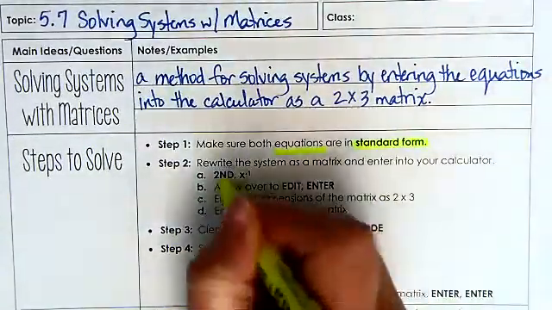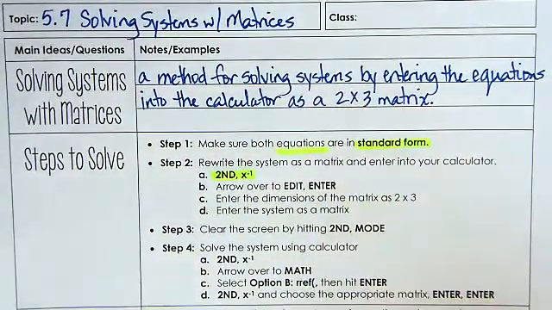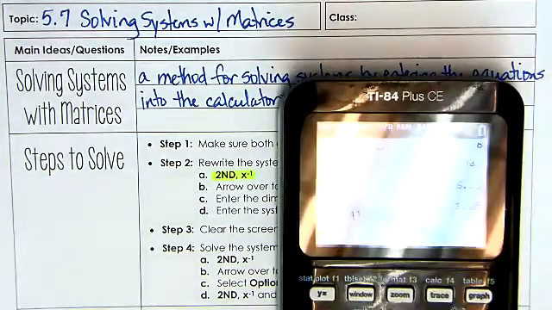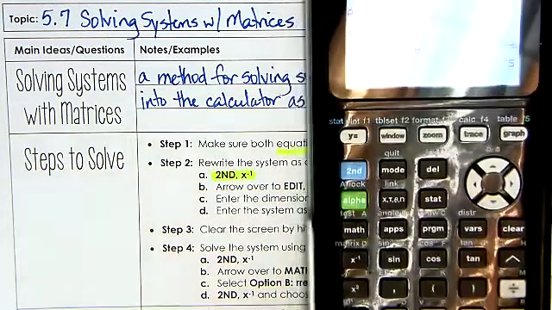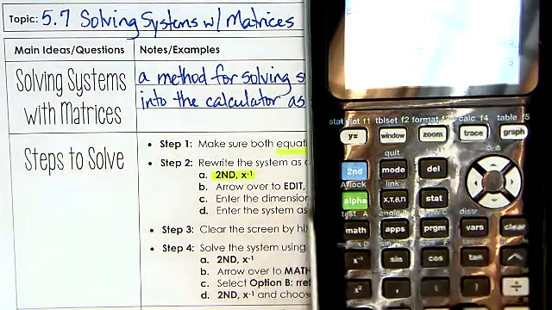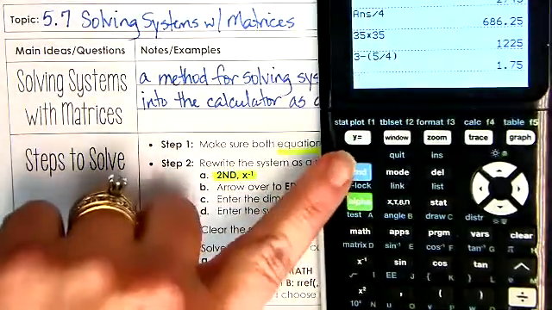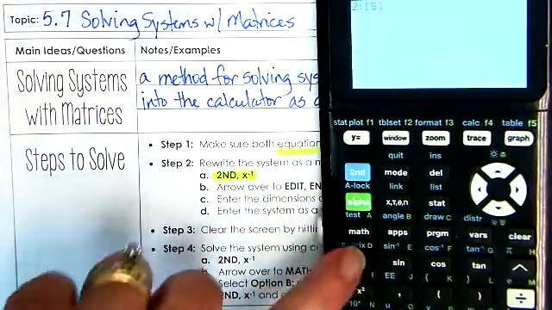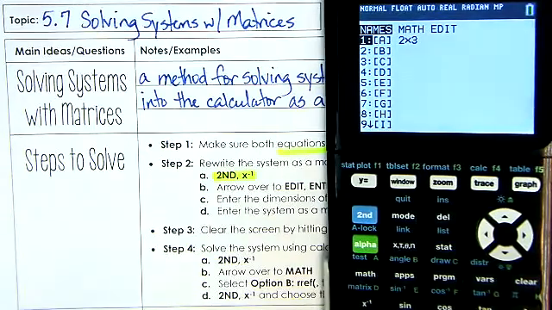You're going to follow the steps of hitting second, then x raised to the -1, and that is located, if you look on the calculator, this button right here is x to the -1, and you'll notice that the word matrix is in blue, so that means I have to press the blue button first, so you end up with second matrix, and you will have a screen that looks like this, and we want 2 by 3, so it's already set up.